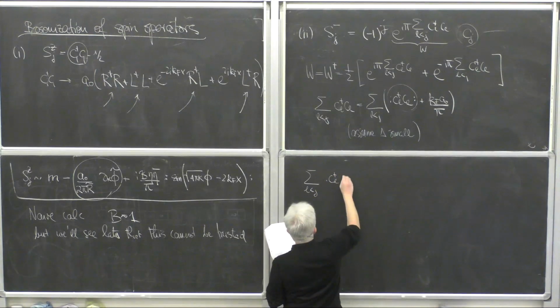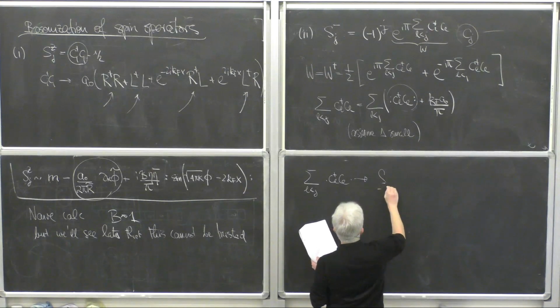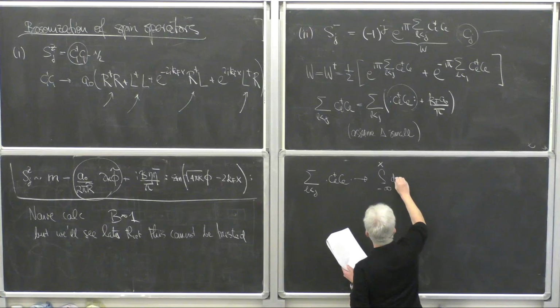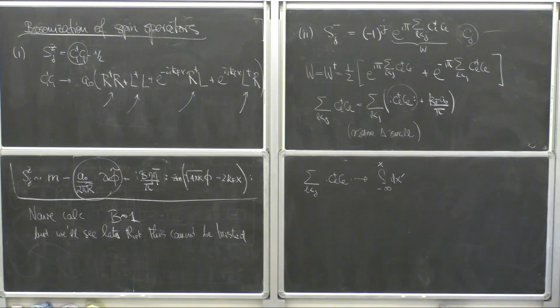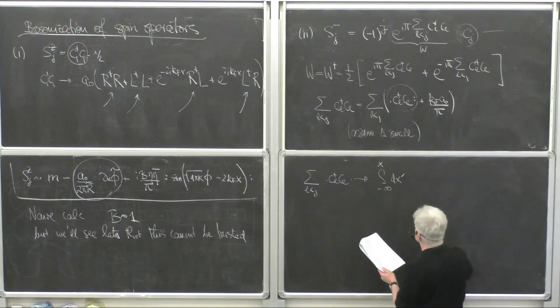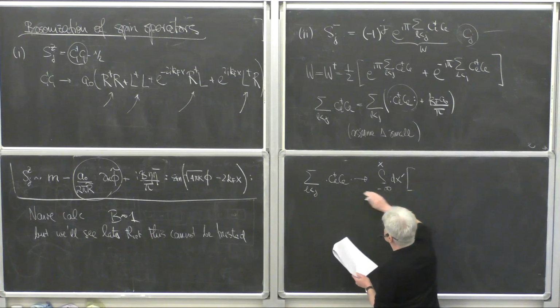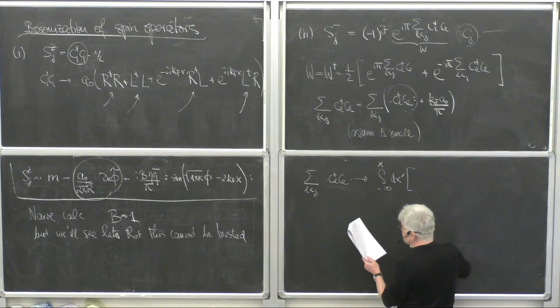So the sum over l less than j of c dagger l c l is something like the integral from minus infinity to x of dx prime. At this point I drop boundary conditions. I assume I'm in the infinite volume, no longer on a finite ring of length L, just to make life a little bit easier. How to bosonize this operator we know; we have done this before.